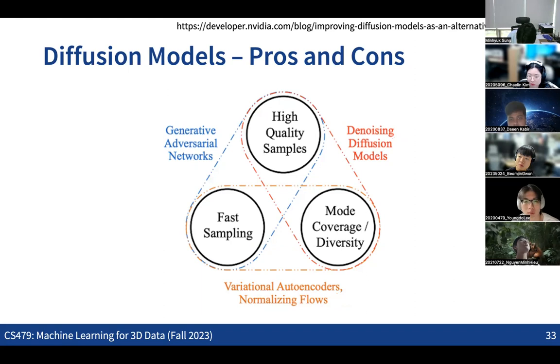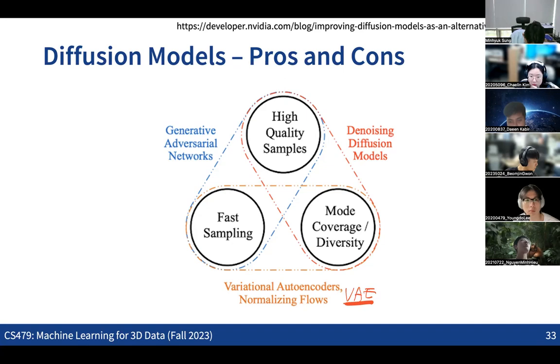The good thing about the VAE is that it is very fast in terms of sampling, and it also does not have these mode collapse issues. But typically the quality of the samples is much worse because, as we have seen in the previous slides, the transition for both the forward and the reverse processes cannot be an accurate mapping between these two distributions.